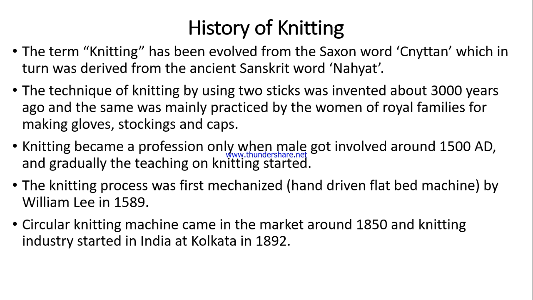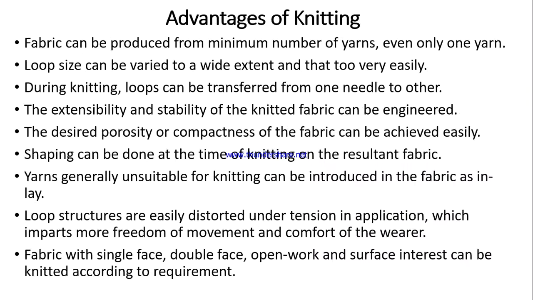The knitting industry started in India at Kolkata in the year 1892 in the British Raj. The first knitting machine was installed in Calcutta. Calcutta was the capital of India then, and the knitting industry was initiated from Calcutta in the year 1892.